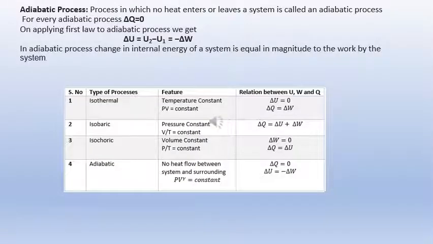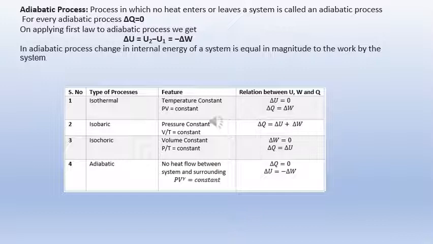An adiabatic process is one in which the pressure, volume, and temperature of the system change, but there is no exchange of heat between the system and the surroundings. So if we consider a gas enclosed in a cylinder having perfectly insulated walls, and the gas is allowed to expand quickly, then in this process, the work is done by the gas during its expansion and its internal energy decreases.